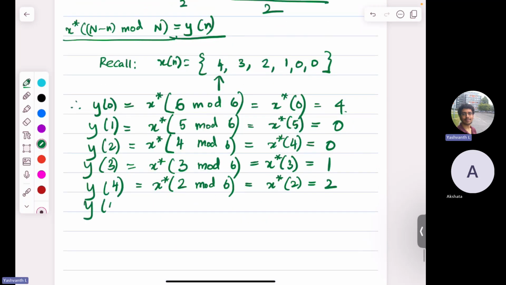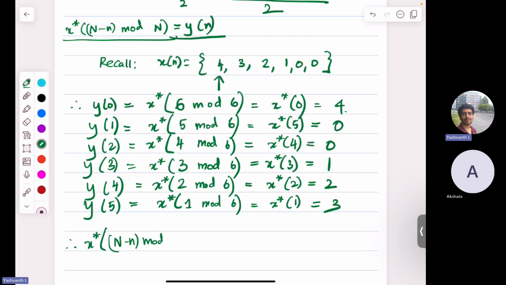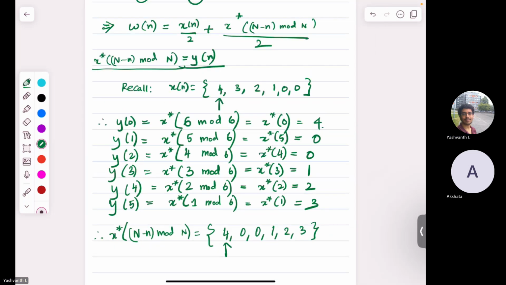And finally, y of 5 is x conjugate of 6 minus 5, which is 1 mod 6, which is x conjugate of 1, which is 3. Therefore, your x conjugate of n minus n mod n is nothing but 4, 0, 0, 1, 2, 3, where 4 is at n equal to 0.